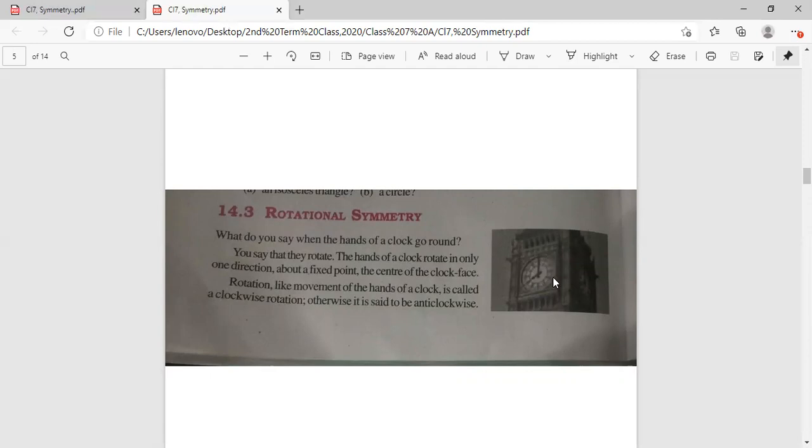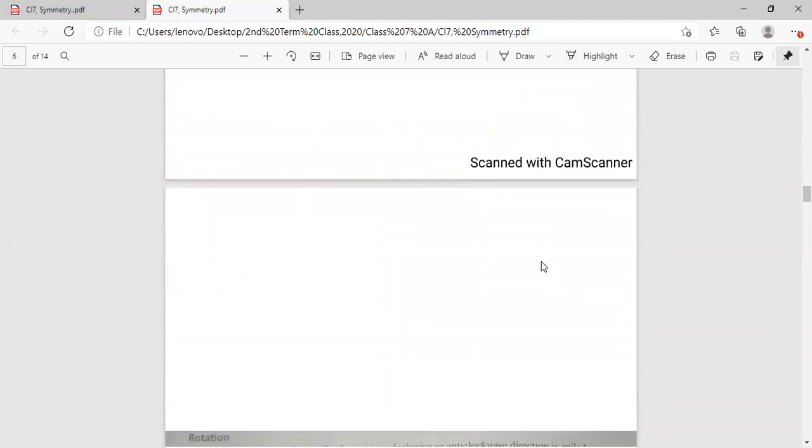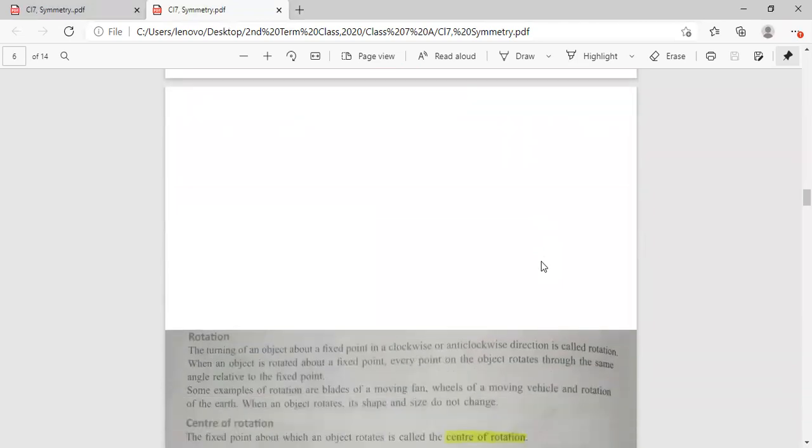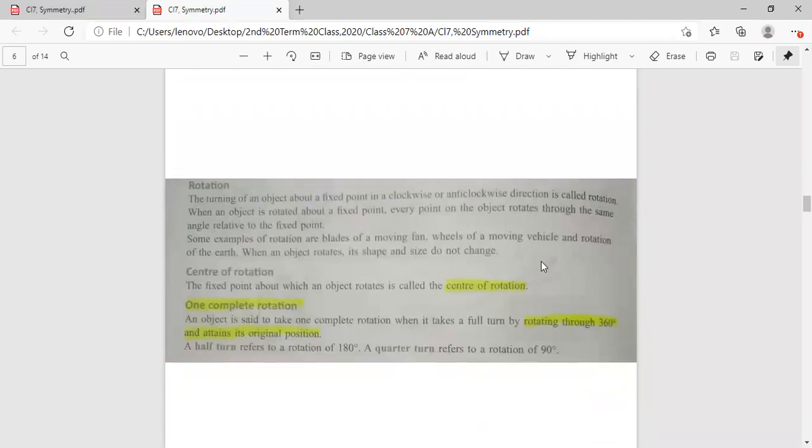And it completes one complete circle in 360 degree. Complete circle is 360 degree. So minute hand completes 360 degree in 60 minutes. That is 1 hour, isn't it? Now rotation.